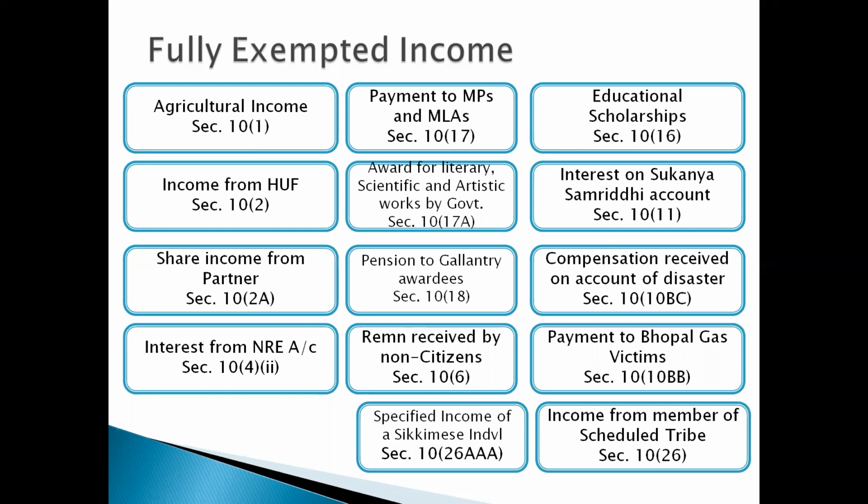One is any income which is earned within Sikkim, and the second is any dividend or any interest on securities. So these three are available for exemption under 10(26AAA). One more condition specified in that section is that if a Sikkimese woman marries a non-Sikkimese individual, then the exemption under this section won't be available any more for that individual.